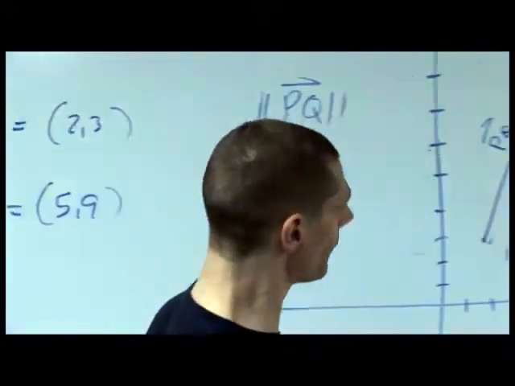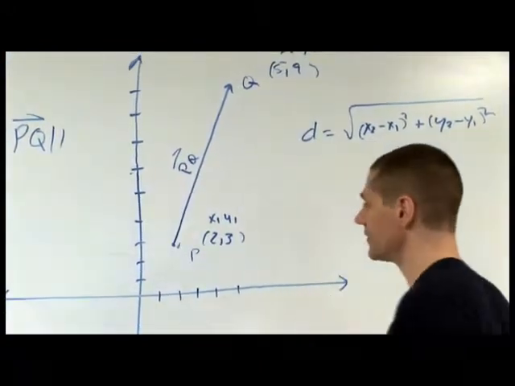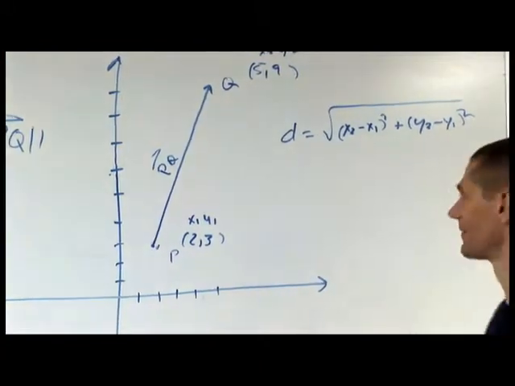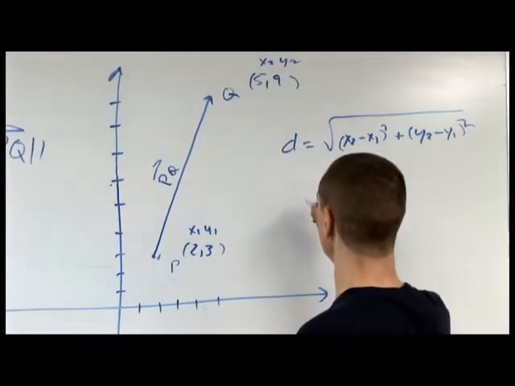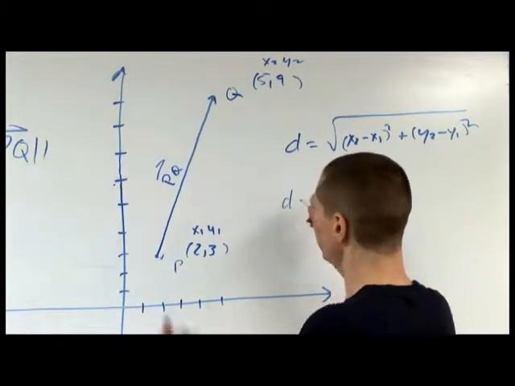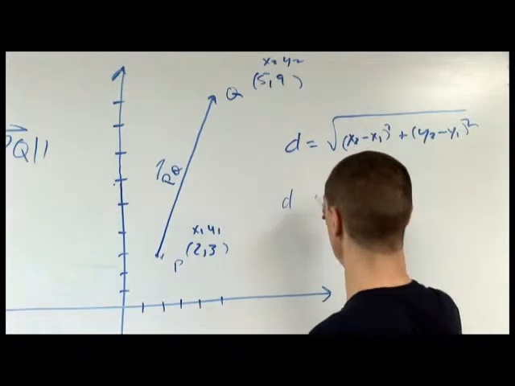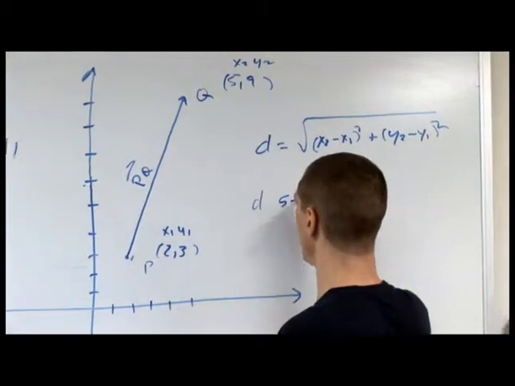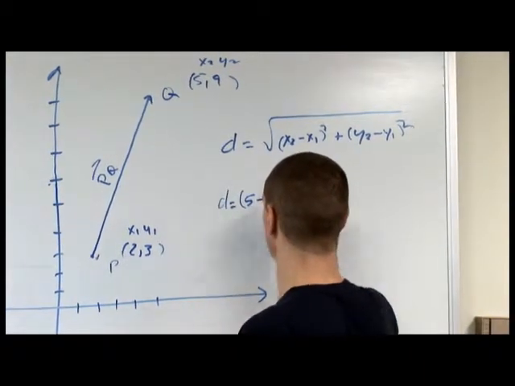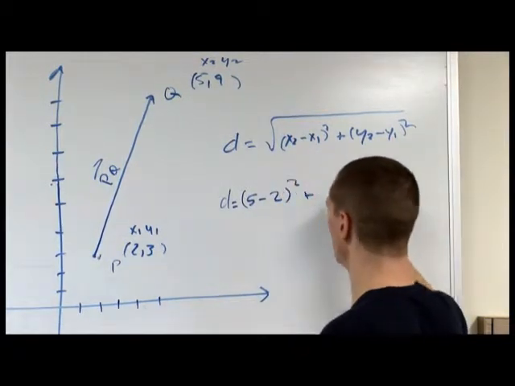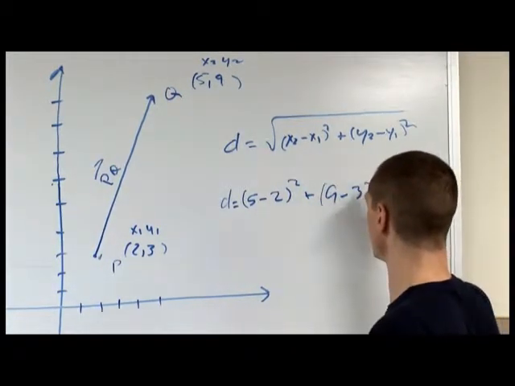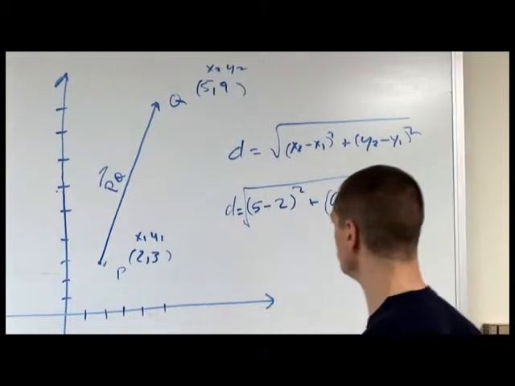However, this would be more typical of how you'd see somebody like me doing this. So the distance, or the norm, which is what we're looking for, is going to be the square root of (5 minus 2) squared plus (9 minus 3) squared.